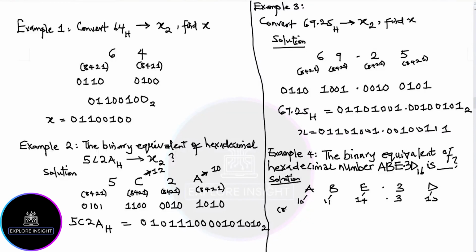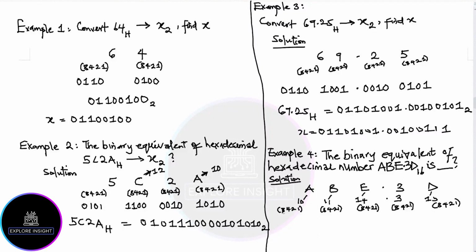When we go with the 8421, 8421, 8421, 8421, 8421, we want to use this to assist for the conversion from hexadecimal to binary.